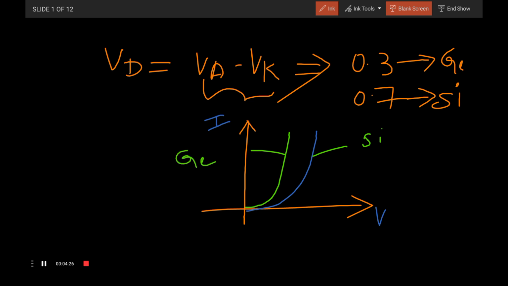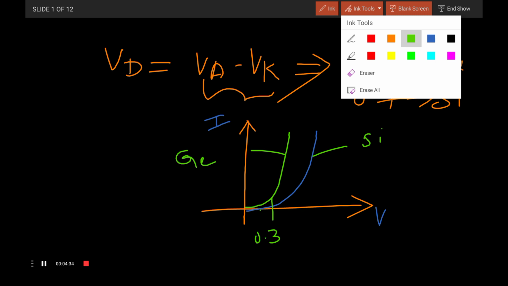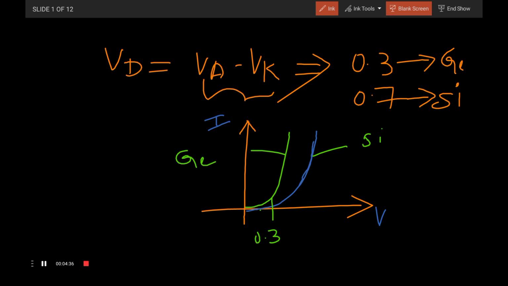The germanium diode is going to be in on condition at 0.3 only.